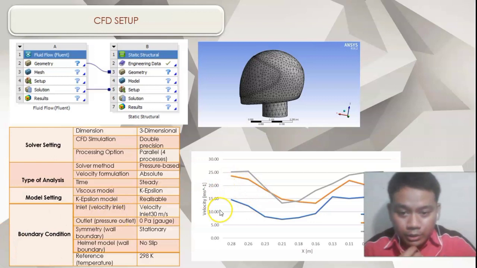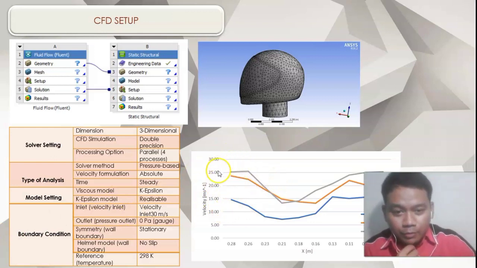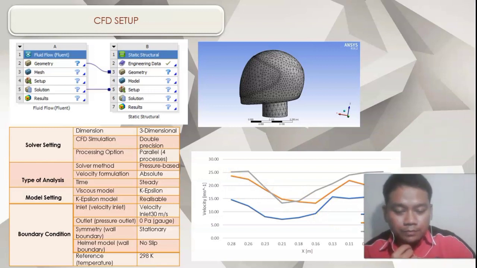So this is actually the grid independent test, which I used to validate my model for the 3 types of model. For this grid independent test, I only use the full face helmet, to determine the element size for 3 element sizes: 34.36 millimeter, 23 millimeter, and 10 millimeter.